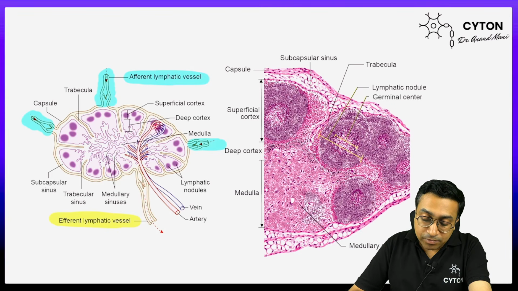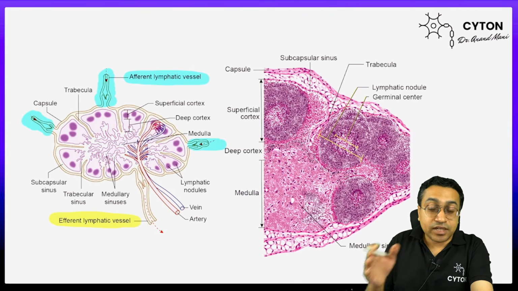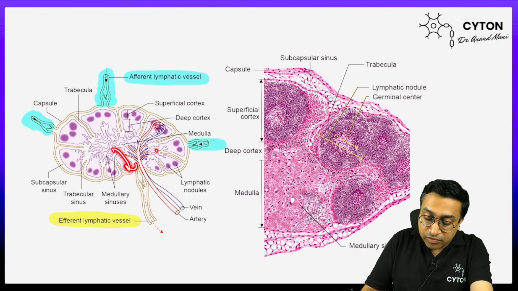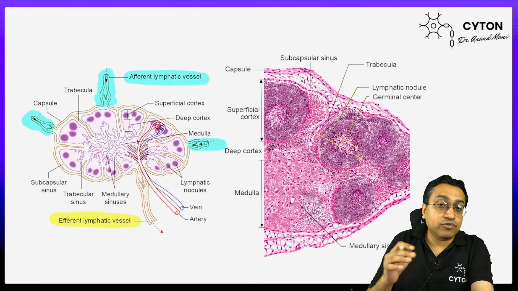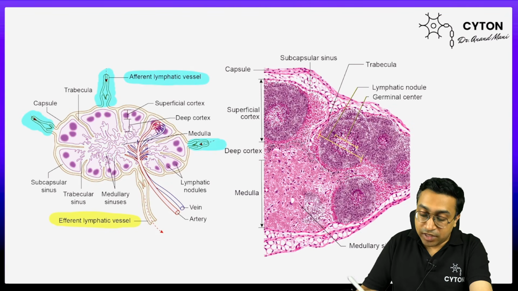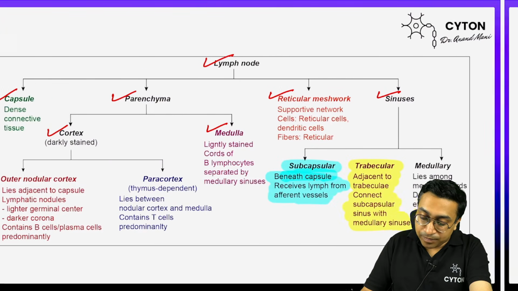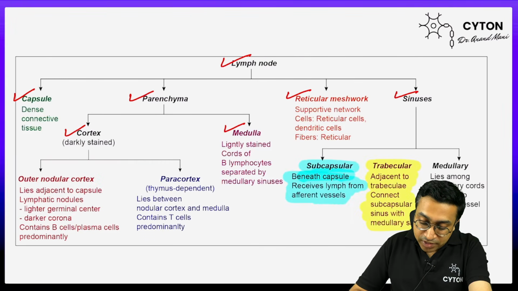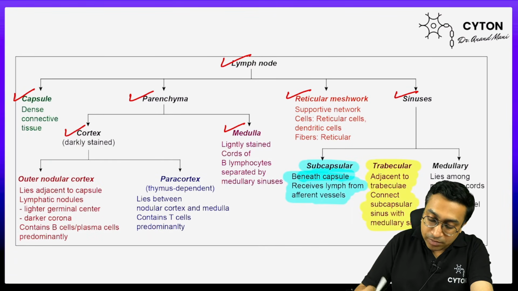Then you can see the empty spaces, the medullary sinuses, which separate the medullary cords. They all converge at the hilum and form the efferent lymphatic vessel, as you can see in this photo. The rest of the things are written, what is where and which cells are present where, so you can remember this.